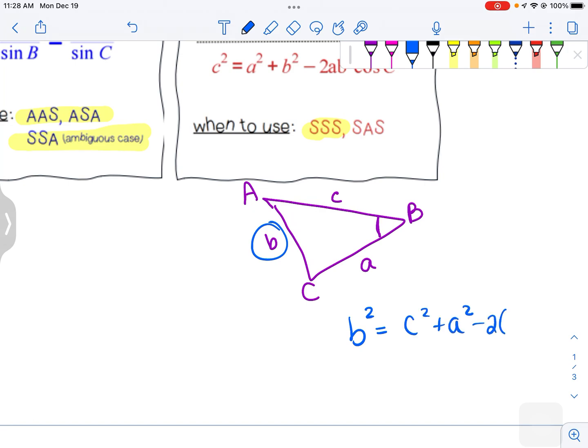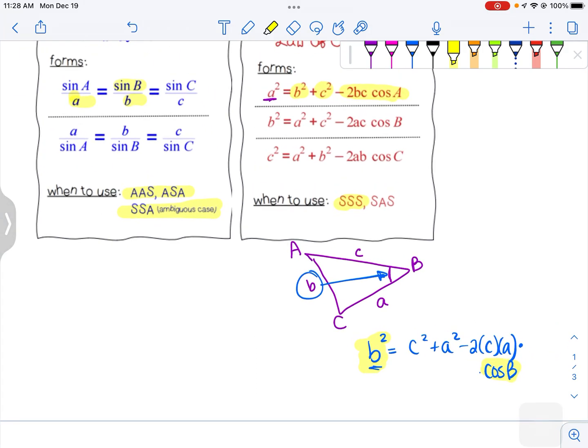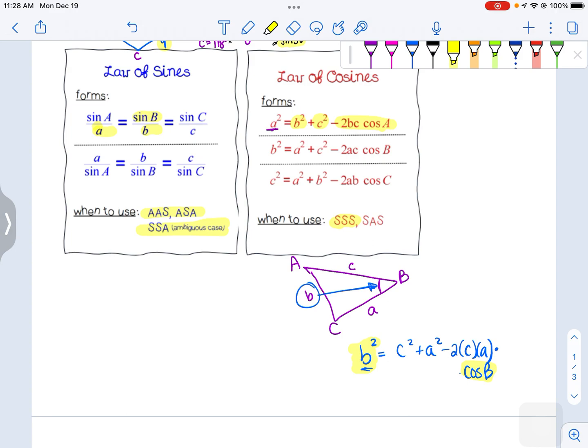Then you subtract 2 times C times A, and then you use the cosine of the angle directly across from it. So that's how those match up. The side squared always corresponds with the angle across from it in the law of cosines formula. Sorry.